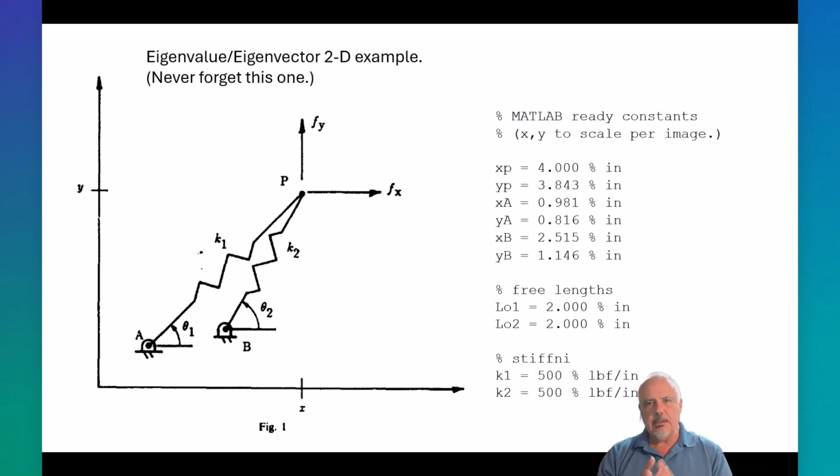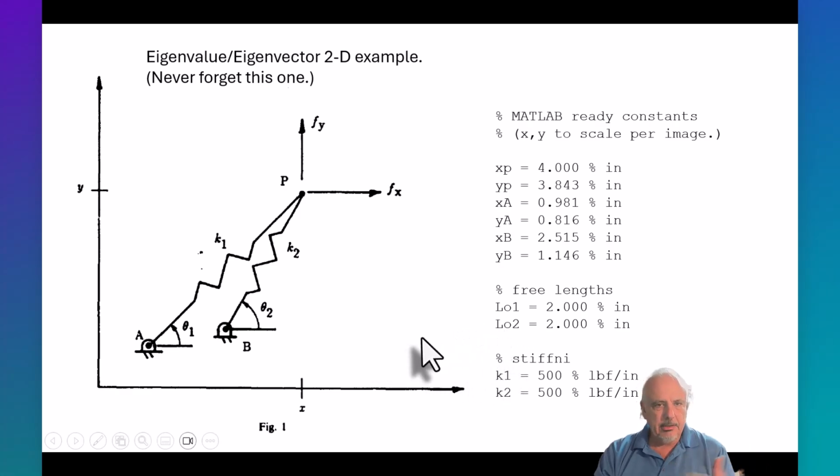So what I did is I started from this image and I tried to get it to scale where I get the point P in terms of this coordinate system, and I get points A and B according to this coordinate system. So I tried to make it look as though it was to scale.